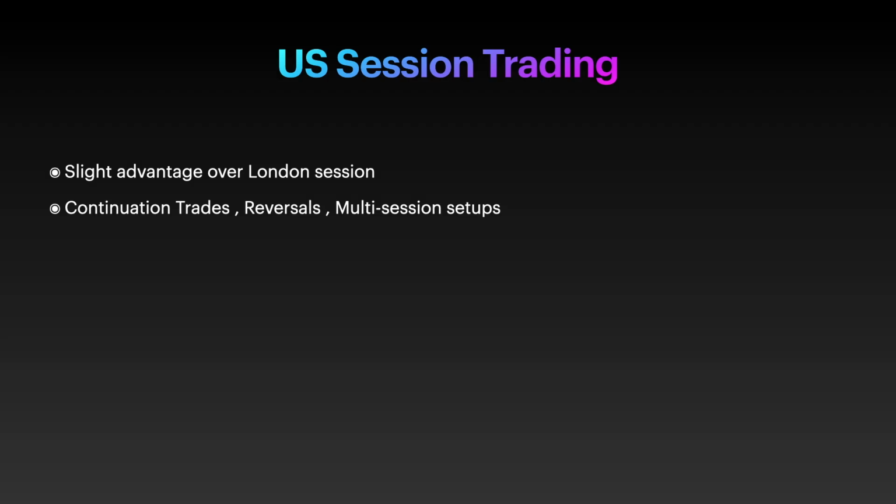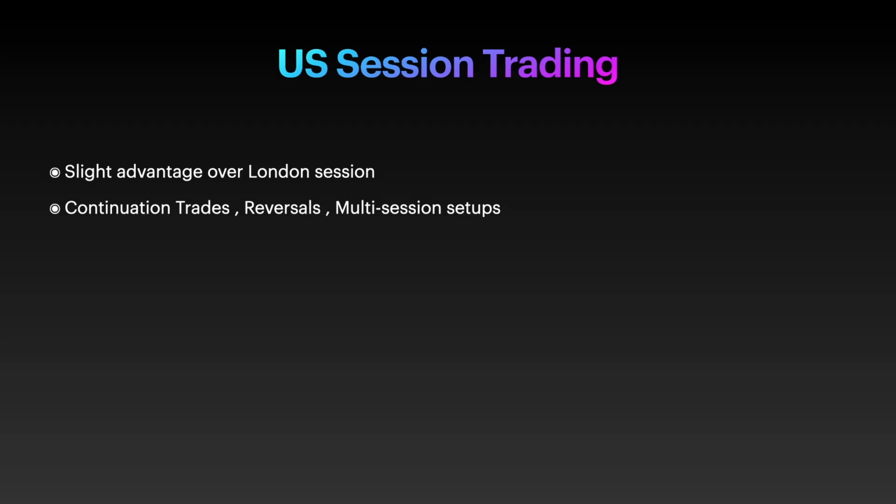So let's say if in London you had a type 1 pattern, there's probably a good possibility that you could have a reversal, a reversal W, come in the US session, okay? And then the third option is going to be multi-session setups. Essentially, when you get the first leg in London and the second leg in the US session, typically for type 1s and type 2 setups specifically.